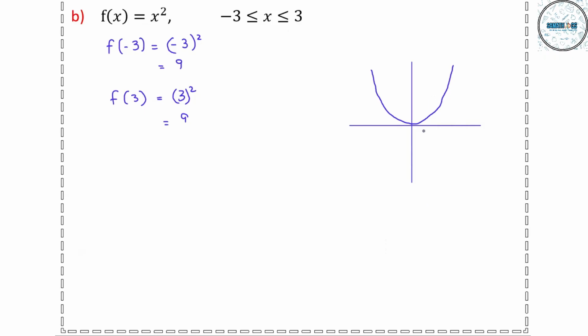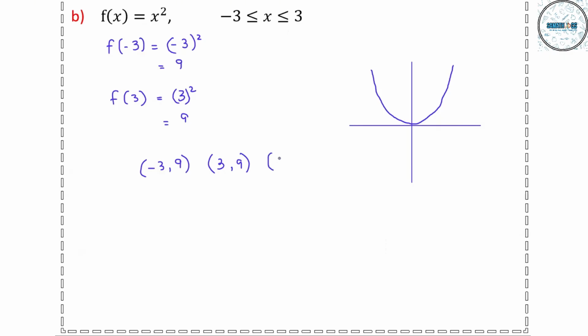Whenever there is a quadratic function, we have to check the turning point as well. When input is -3, output is 9. When input is 3, the output is also 9. And we have to consider the turning point as well.